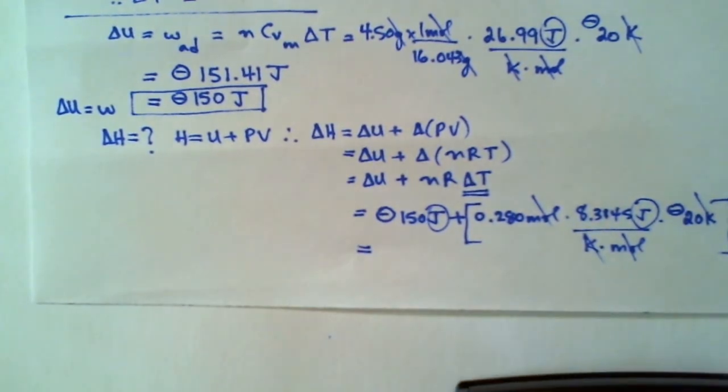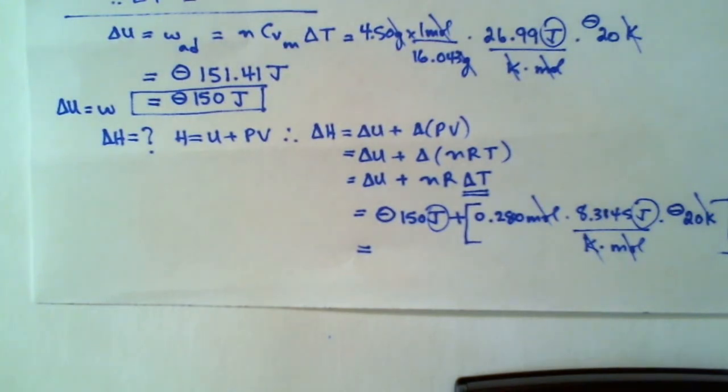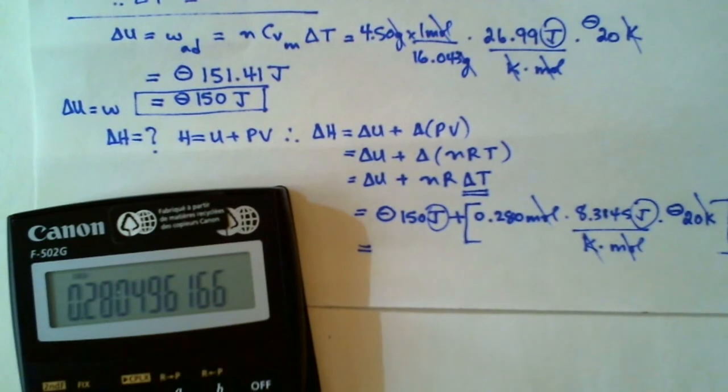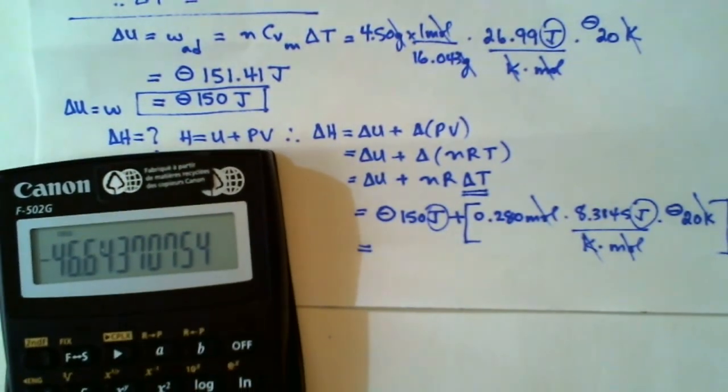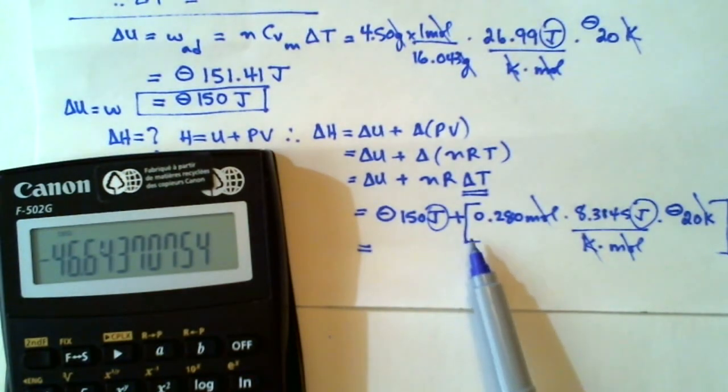And so, inside the bracket, I have this many moles times 8.3145 times 20 minus. So inside the brackets, it's a negative 46.64.